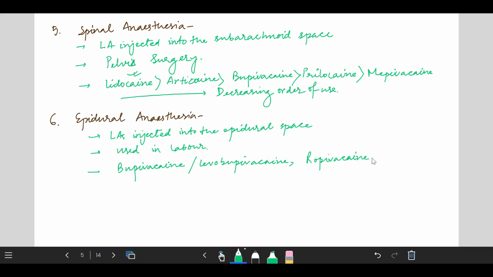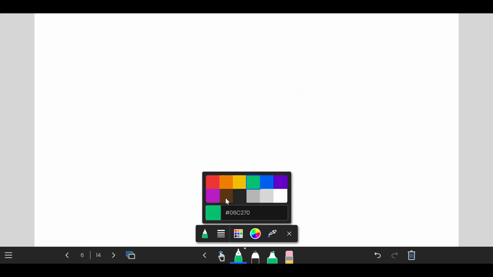Now we will understand these two anesthetic procedures through a picture. Let's draw a picture.